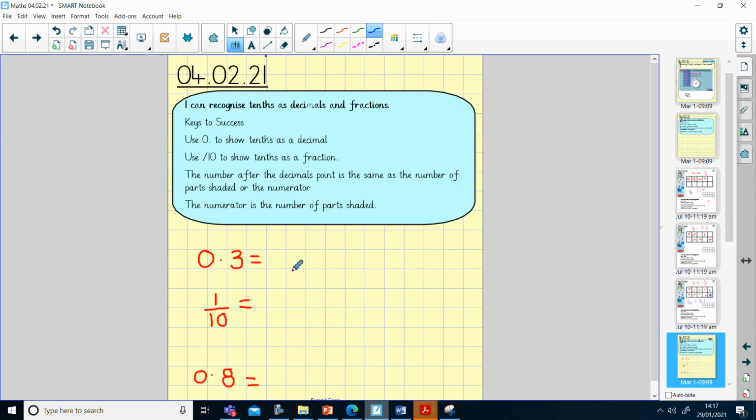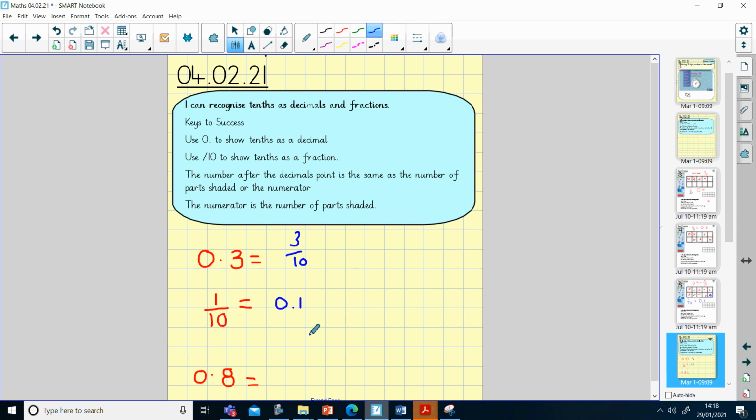So let's have a look at 0.3. If I've got the number after the decimal point, that's going to be my numerator. So the first one, 0.3, is the same as 3/10. 1/10, so I know I'm going to need a 0 because I'm looking at tenths, and my numerator goes to the position after my decimal point.